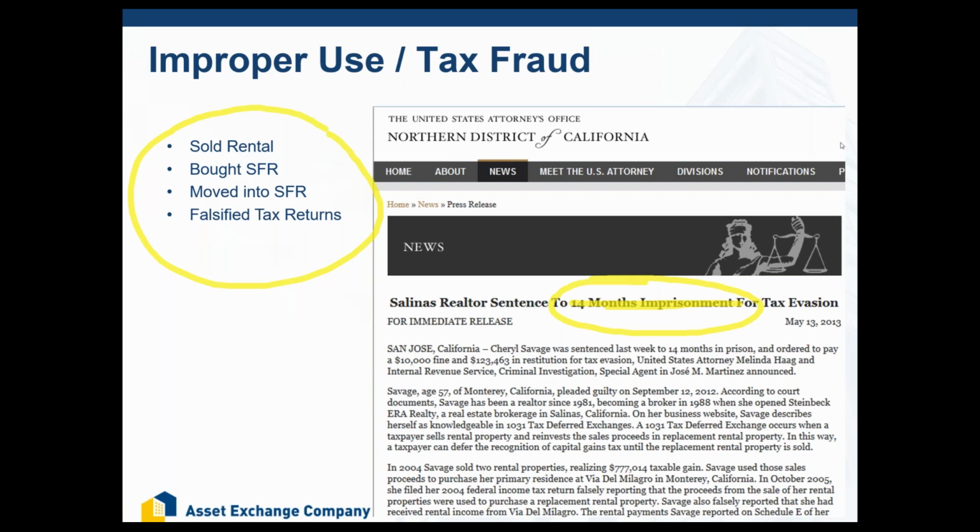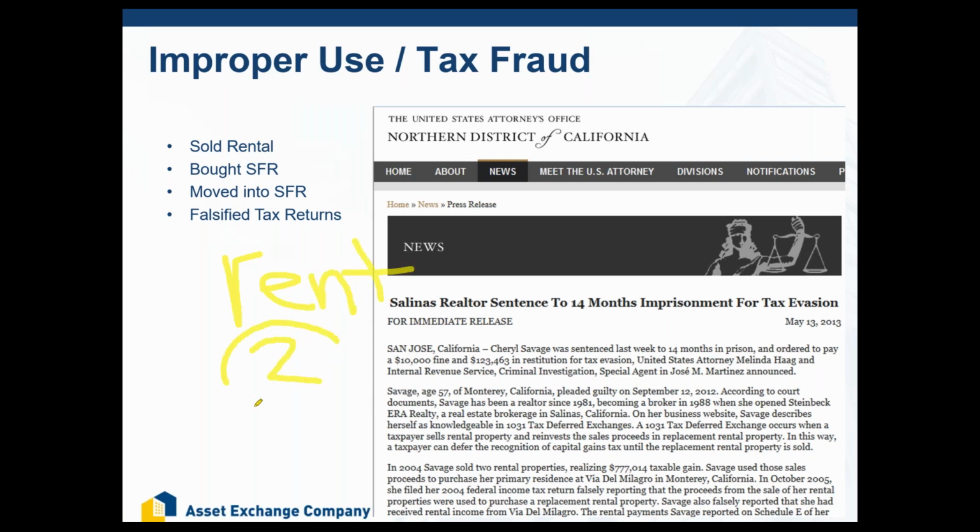So what do you need to do? Well, when you buy your 1031 exchange property, you need to rent it out to a legitimate tenant for at least 2 years. You want to have your lease agreement with your legitimate tenant saved, and you want to report all of the legitimate rent on your taxes, and you want to do it for at least 2 years.